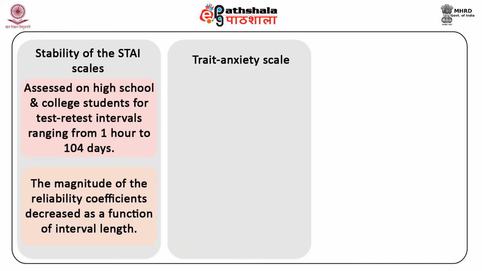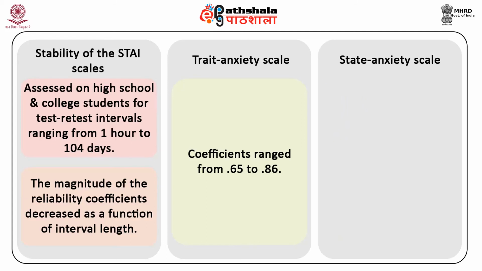For the trait anxiety scale, the coefficients ranged from 0.65 to 0.86, whereas the range for the state anxiety scale was 0.16 to 0.62. This low level of stability for the state anxiety scale is expected since responses to the items on this scale are thought to reflect the influence of whatever transient situational factors exist at the time of testing.